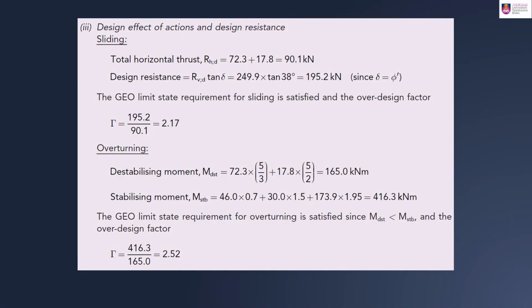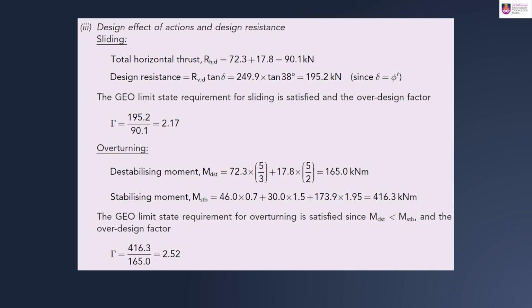The next one, we have to determine the design effect of actions and design resistance. For sliding, the total horizontal thrust is equal to 90.1 kilonewton, and therefore the design resistance is equal to 195.2 kilonewton. Therefore, the over design factor is equal to 2.17.